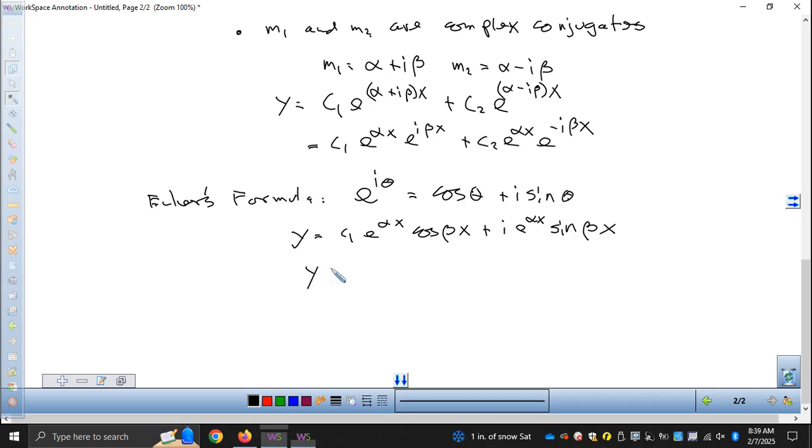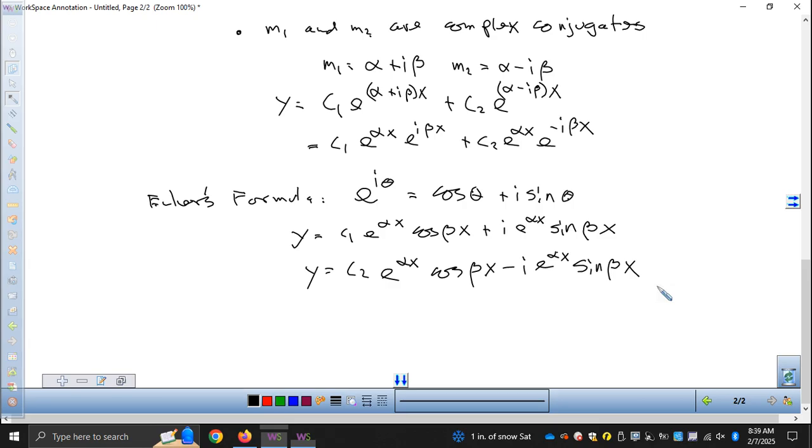We get y equals c2 e to the alpha x cosine beta x minus i e to the alpha x sine beta x.